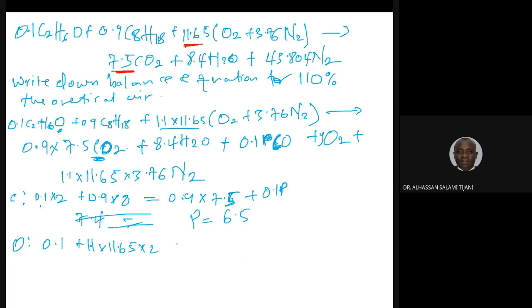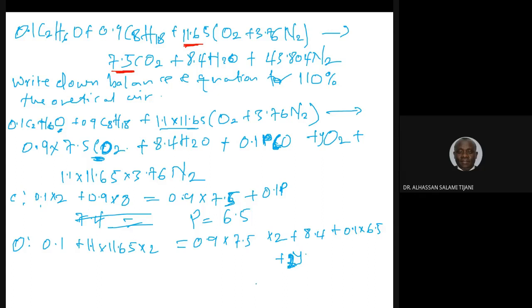This should be equal to 0.9 times 7.5 times 2, plus 8.4, so 1 atom of oxygen in the water. Then I have 0.1 times P, P is 6.5, plus 2Y.